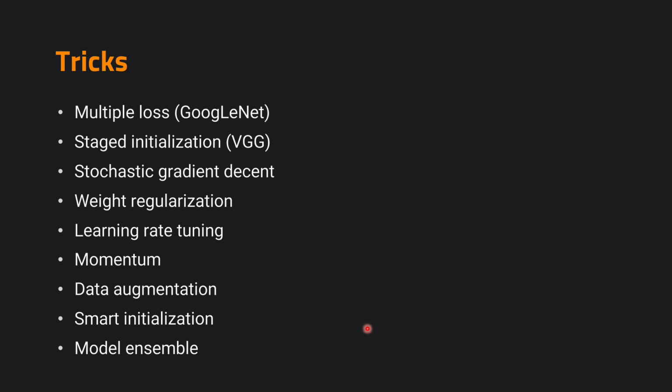And of course, we have been using stochastic gradient descent to train the networks, and there are some standard parts in the gradient descent. For example, we use weight regularization and tune the learning rate. Essentially, stochastic gradient descent is one kind of gradient descent, and it all suffers or benefits from a wide choice of learning rate.